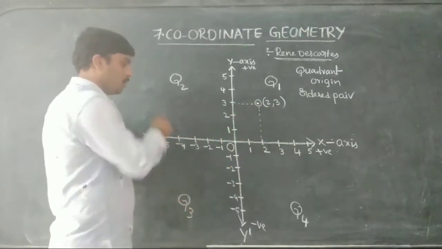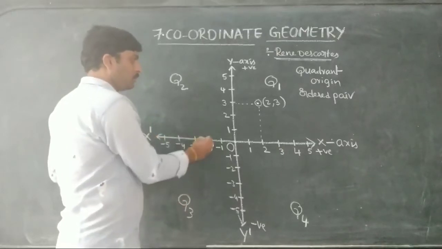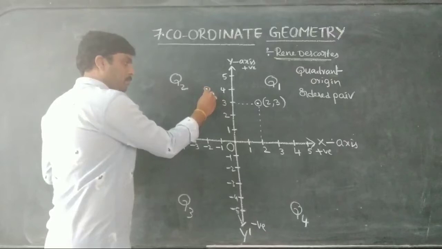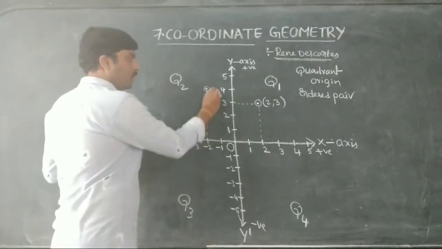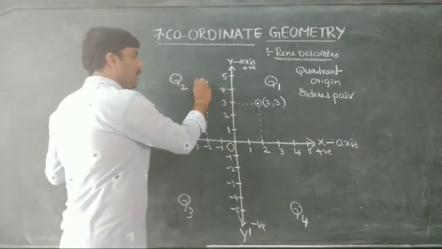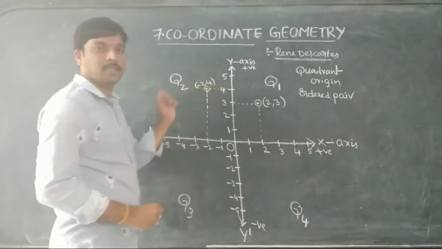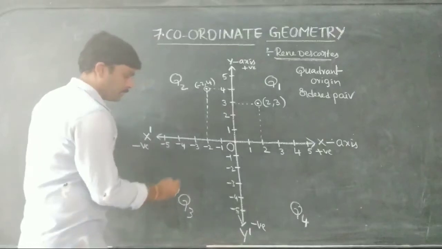Suppose this is the point. It is from -2 to 4, so it is (-2, 4): minus, plus. Next, the third quadrant.